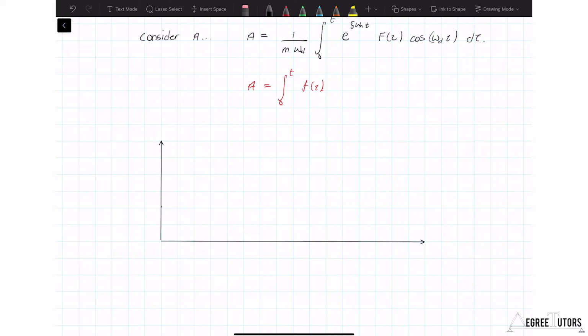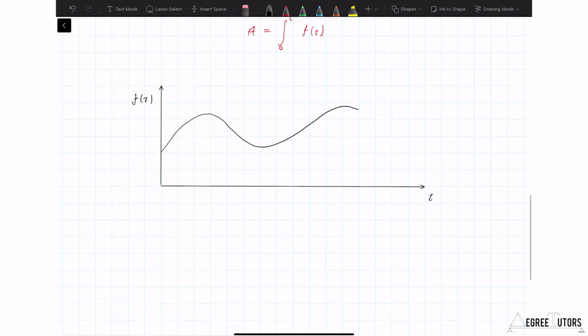We're going to imagine some function of tau, and remember, integration is just the area underneath that line. If we have values of our function defined at regular intervals, we're basically trying to find the area underneath that function. So we could approximate that area as a series of trapezoids.